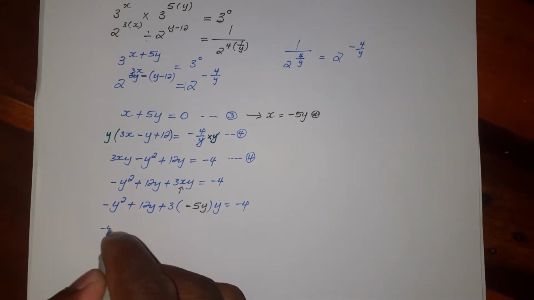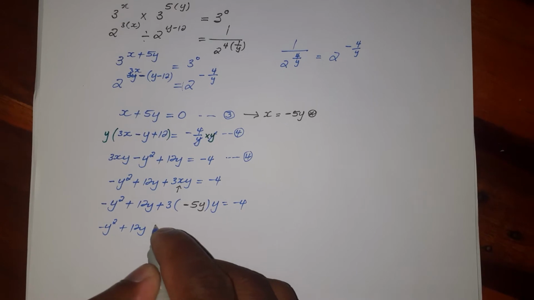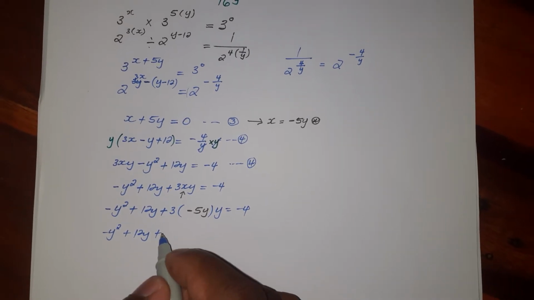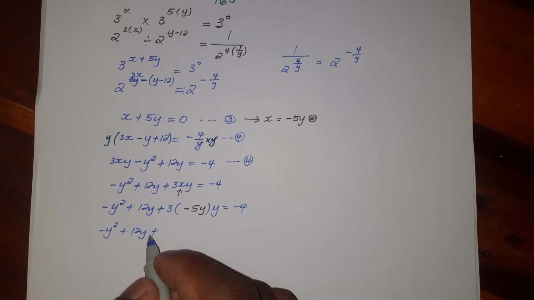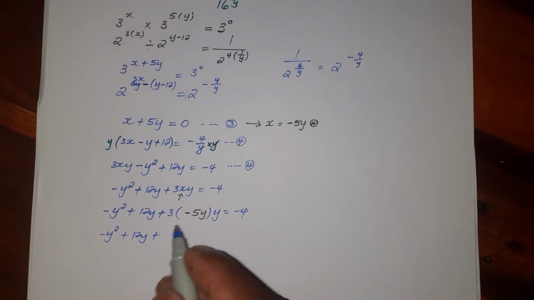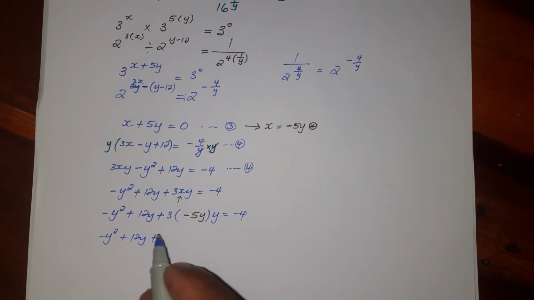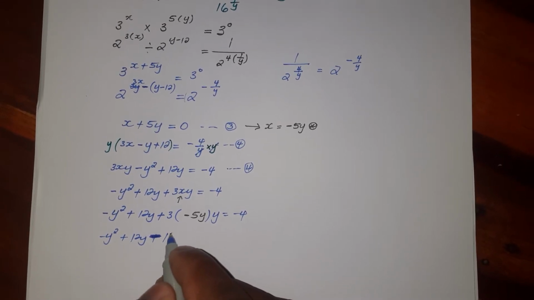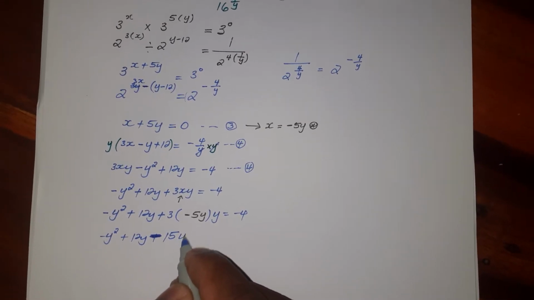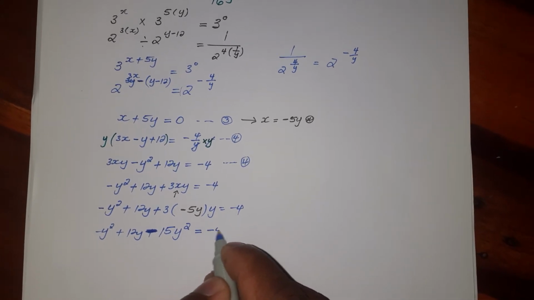Then I can now write negative y squared plus 12y. This should be minus now. Wait. Yeah, this should be minus, not positive. Minus 15y squared equal to minus 4.